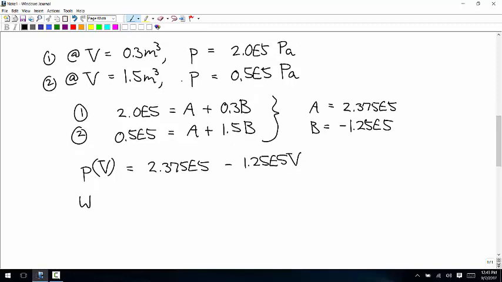And so the work is the integral from a volume of 0.3 to a volume of 1.5 of 2.375 times 10 to the 5 minus 1.25 times 10 to the 5 V, and we're integrating that with respect to volume.